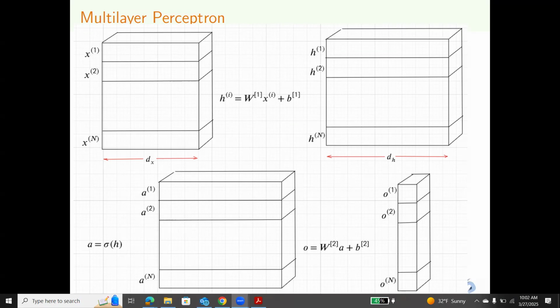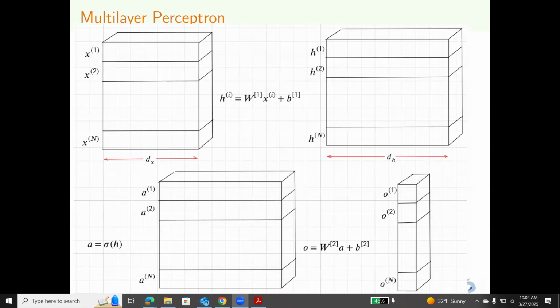I hope you remember how we calculate the hidden layer: it is the product of the matrix with weights times our x vector plus bias. As the result, we will have exactly the same number of points in the hidden vector, also n points, but the dimension will be different, which we denote by dh.